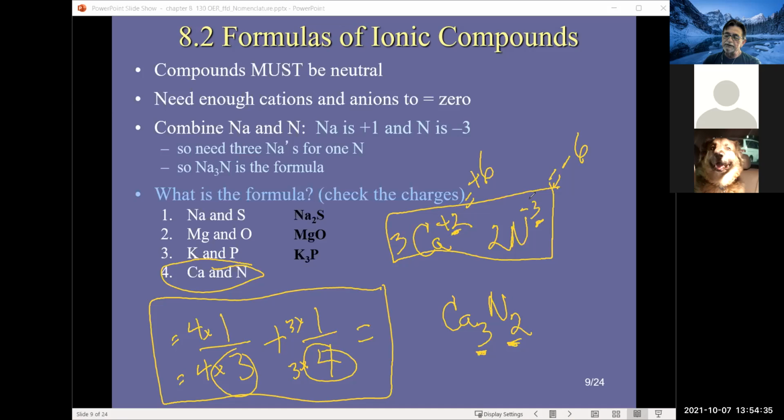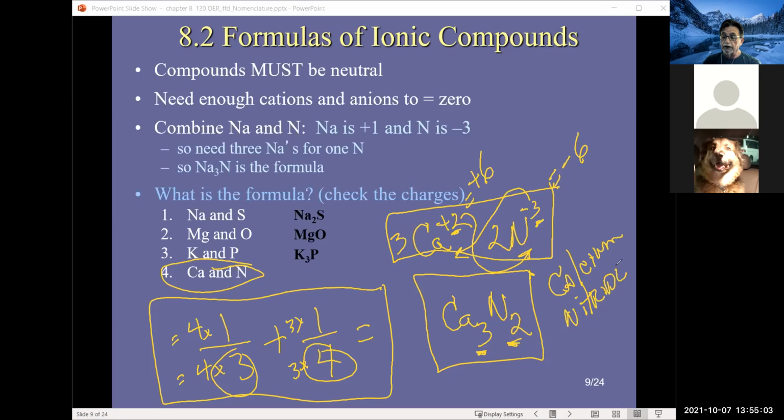And so basically this number became the subscript right there, and this number became the subscript right there, okay? And so that is our formula, which is calcium nitride, straightforward. Not tricalcium dinitride, strictly calcium nitride for the name. Remember, for ionic compounds, we don't utilize prefixes. It's straightforward calcium nitride.